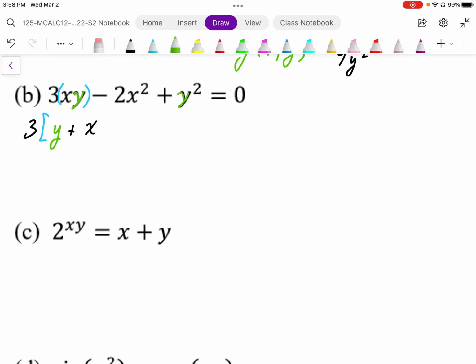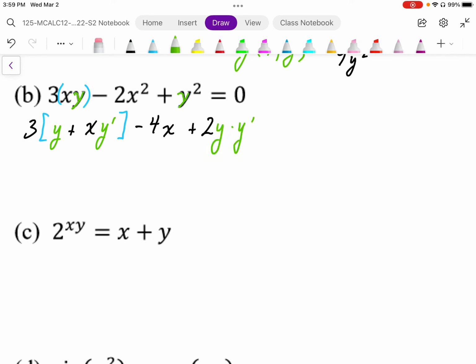I don't differentiate the x, but I differentiate the y prime. Okay, so there's my product rule, minus 4x plus 2y, and because I differentiated a y, I need to again apply the chain rule.